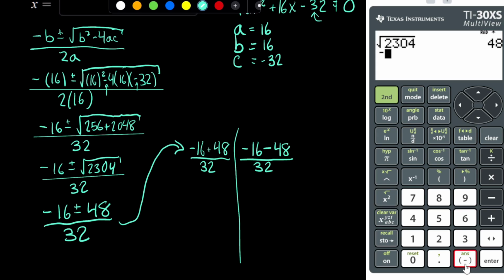Okay, so negative 16 plus 48 equals 32 over 32. Anything over itself is equal to 1. Negative 16 minus 48 is negative 64 over 32. So you divide that by 32, that's going to be negative 2. x equals negative 2.